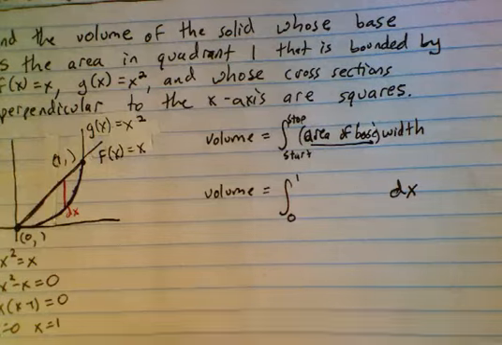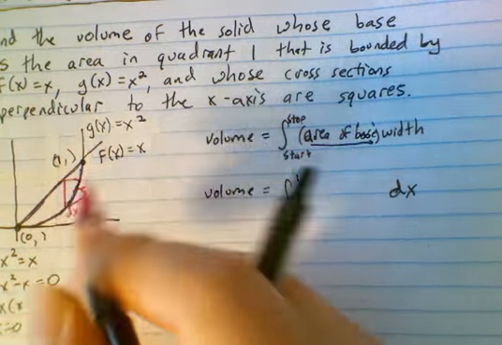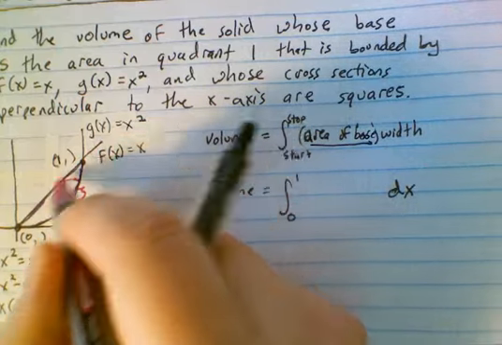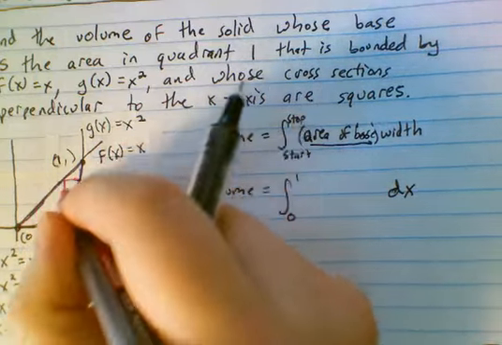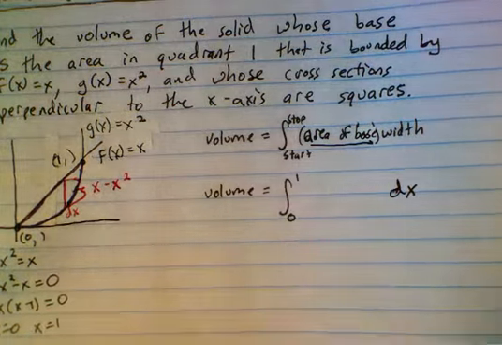And we're still going to need what we found earlier in terms of this height here. So this is still top minus bottom, so f of x, this first one here, minus g of x, so x minus x squared. I'm going to mark that right here.